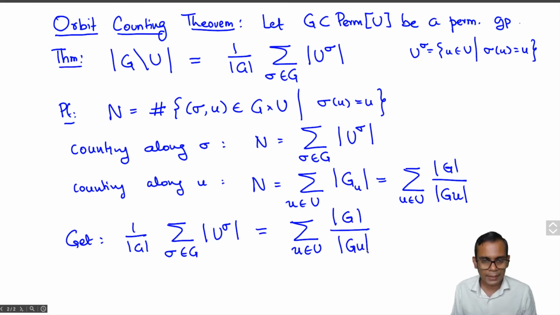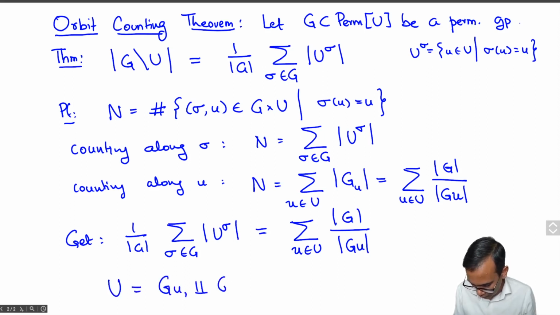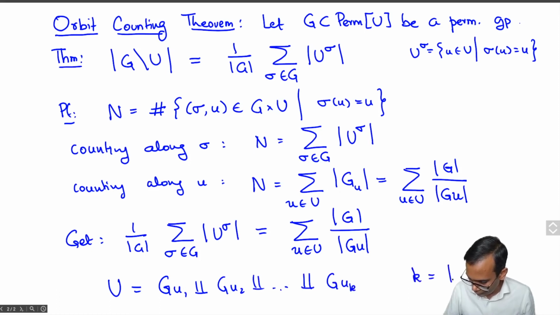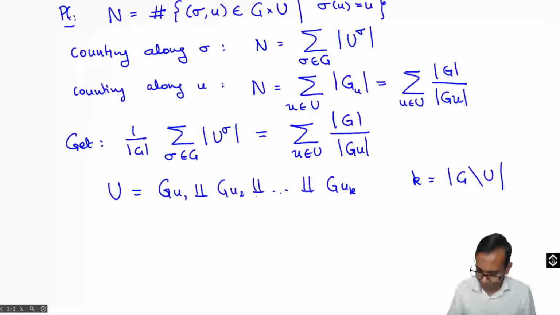Now let's take the decomposition of U into G orbits. So suppose U is equal to GU1 union GU2 union up to GUK. So this K is going to be just what we are looking for, the number of G orbits. We're just taking representatives for each orbit.